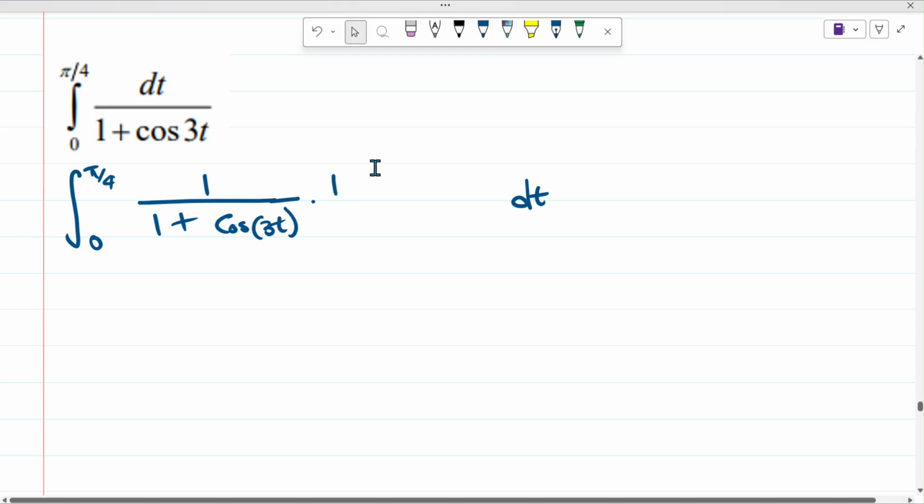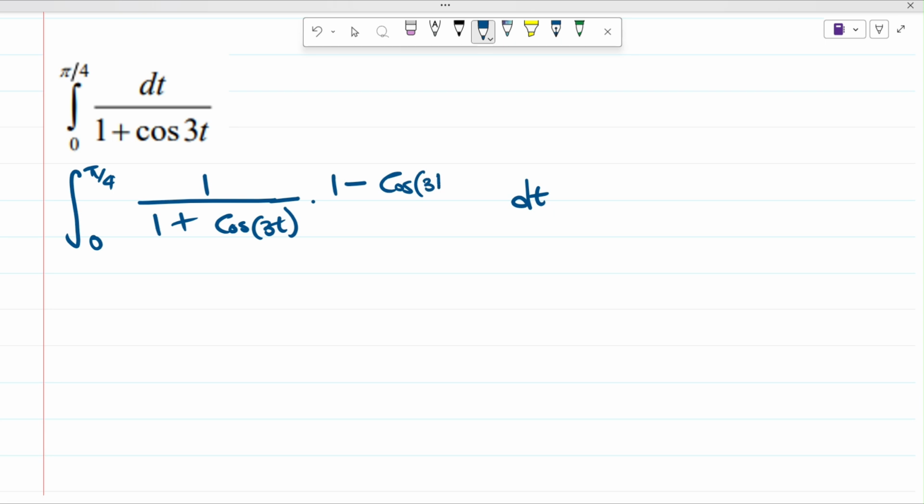So it's going to be 1 minus, remember to oppose the sign, guys, 1 minus cos 3t divided by 1 minus cos 3t. Then we multiply the numerator by the numerator and the denominator by the denominator.